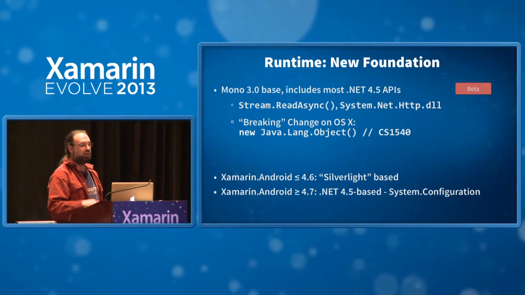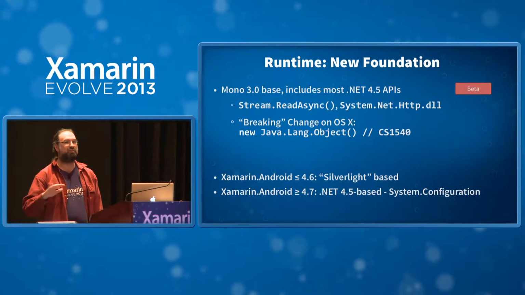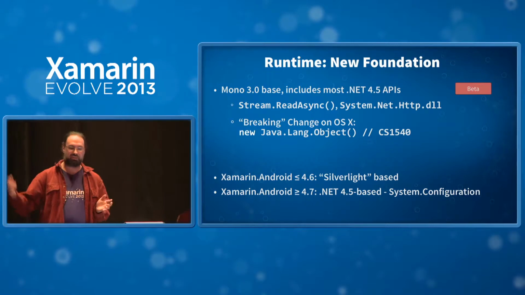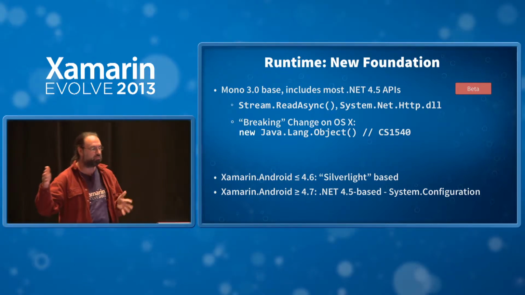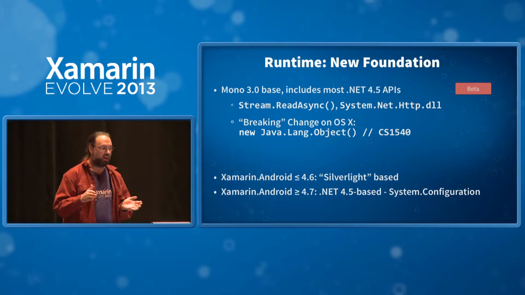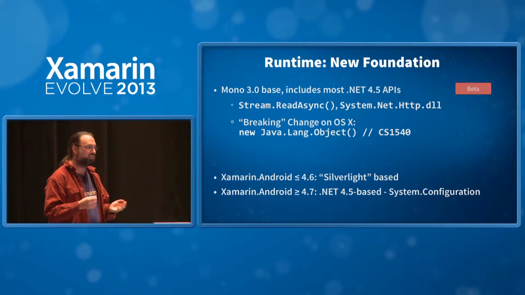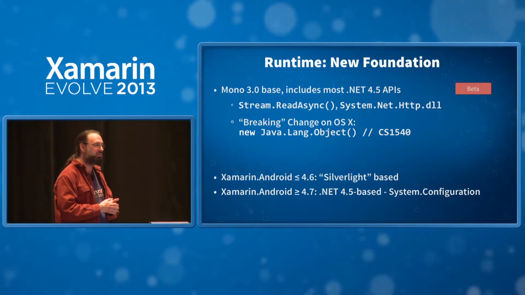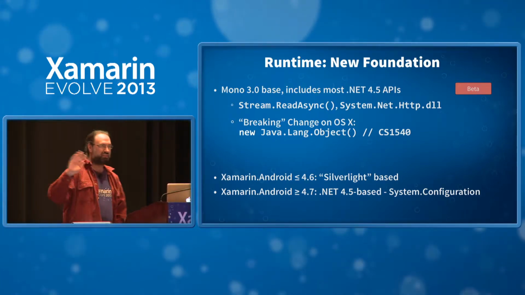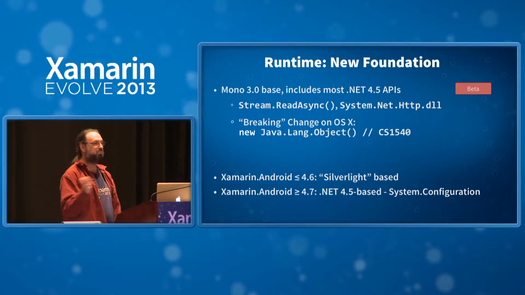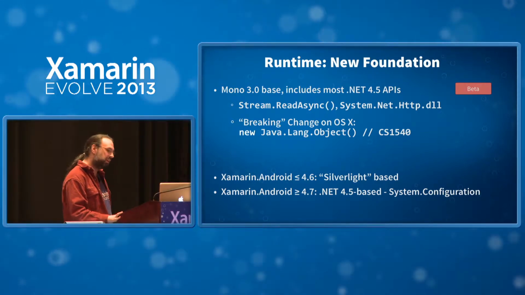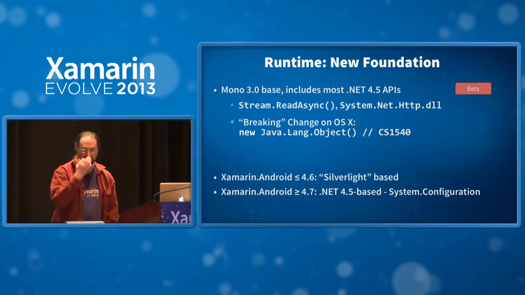What we have done with the beta release is we've inverted that. So instead of starting with a small base and adding stuff to it, we're starting with most of .NET 4.5 and removing stuff. The biggest thing that we're removing is the System.Configuration assembly because who needs it? And because there's a lot of XML stuff that it tends to pull in that you would normally like to remove if possible. So it's just a change in worldview.